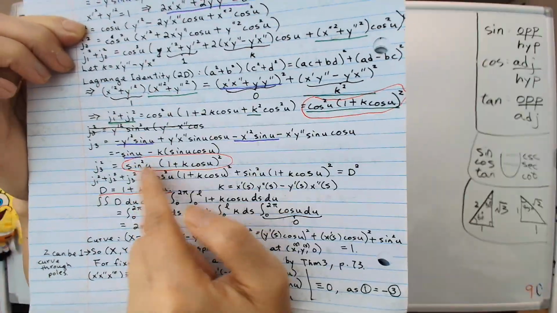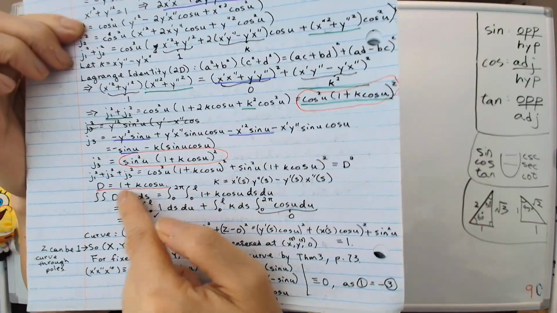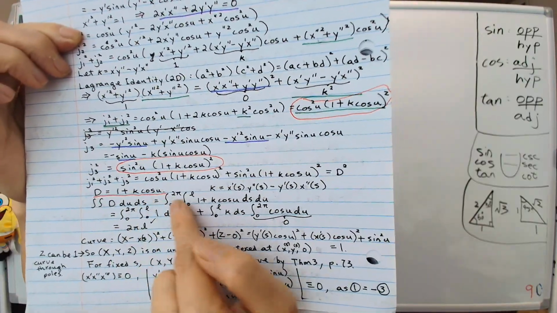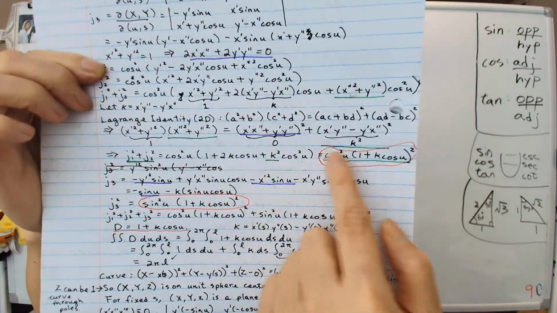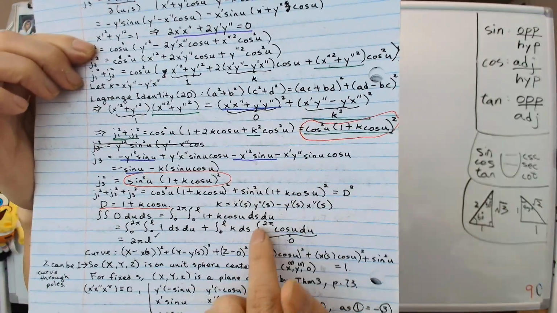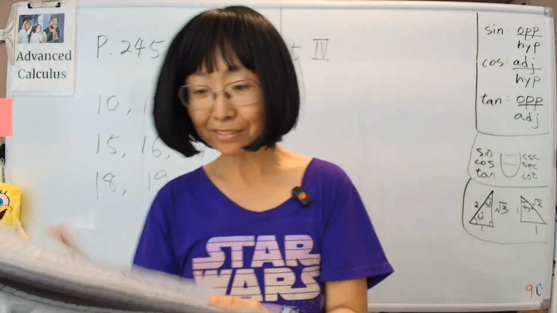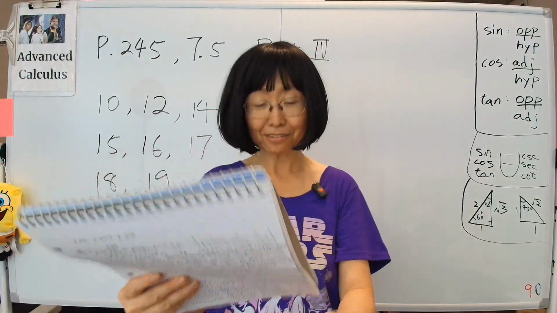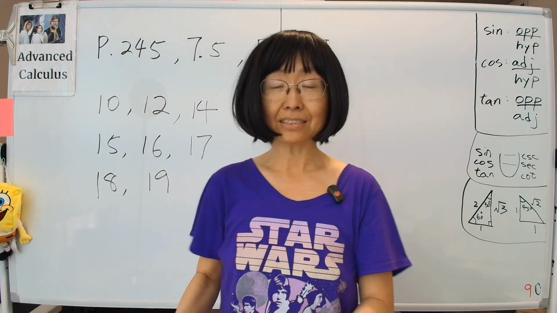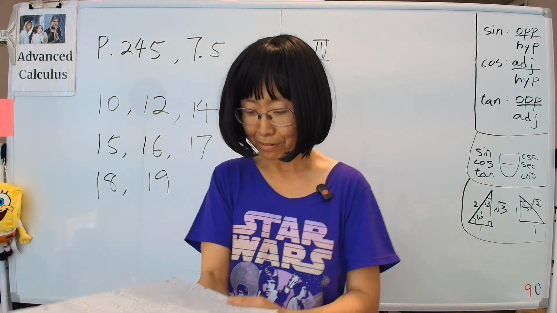So d squared is just 1 plus kappa cosine u squared. So that's what d is, where kappa, as we defined earlier, is x prime y double prime minus y prime x double prime, which I wrote down again right here. Now we got a d, and the d doesn't look too bad, except for the kappa bit, because the kappa doesn't look that simple, but we'll deal with it.